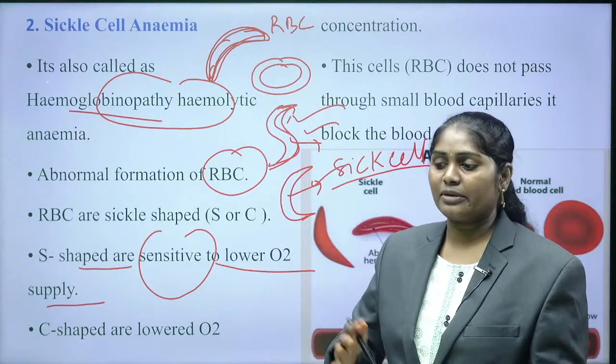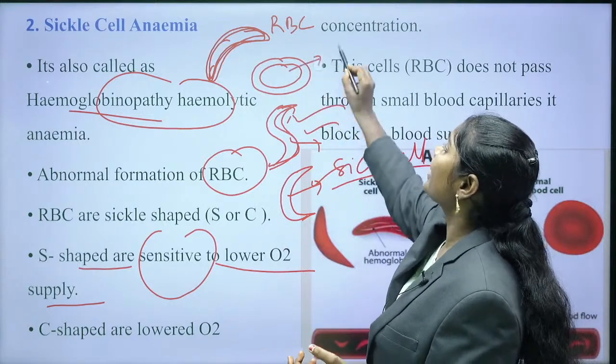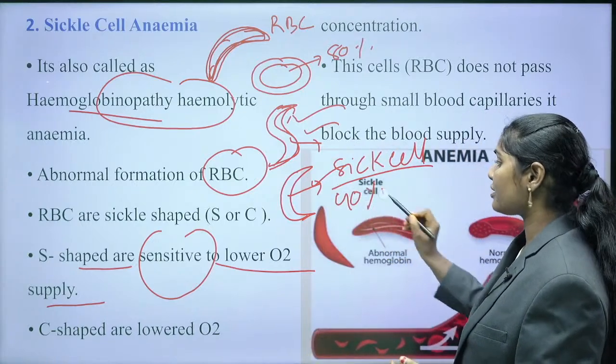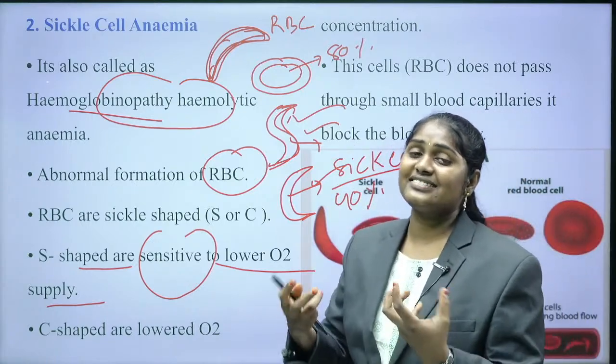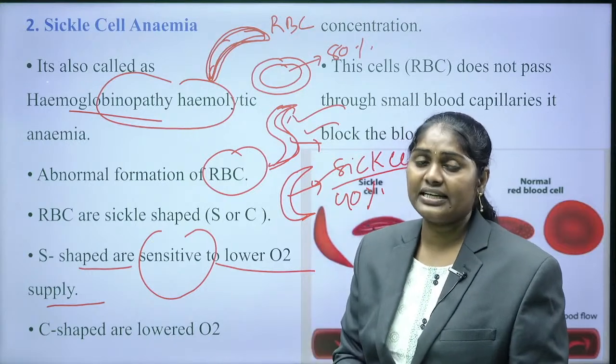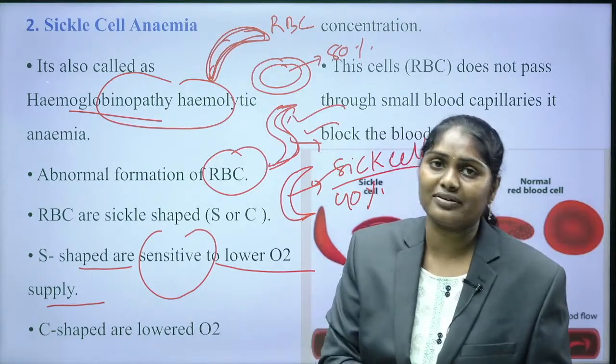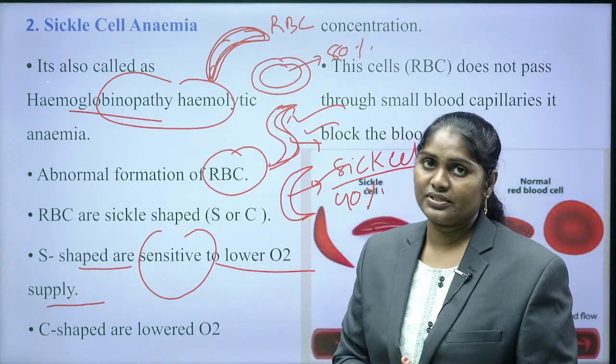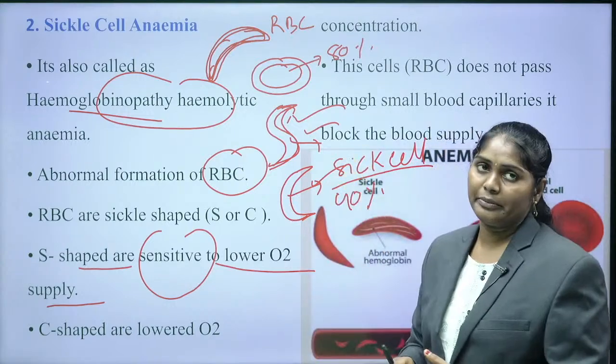Suppose a normal RBC will do 80% of the work, and this is doing only 40% of the work. That means you will get some health issues. If you have insufficient oxygen in your body, definitely you will have some health issues. So that means it is a problem, right?